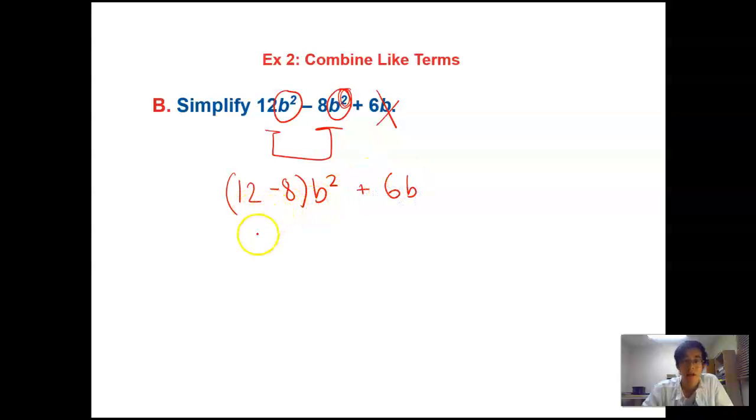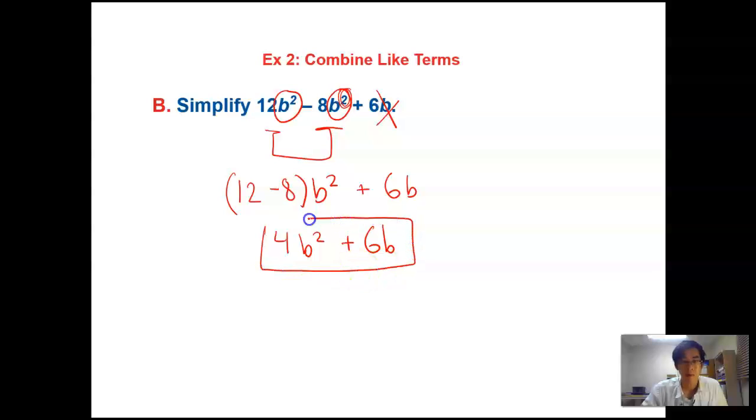I can simplify that: 12 minus 8 is 4b squared plus 6b. And that is the simplest form because these are the simplest factors.